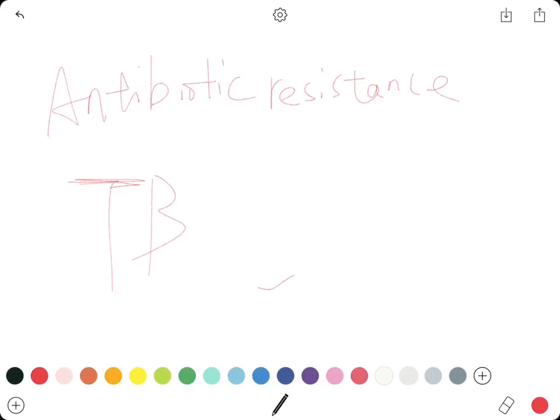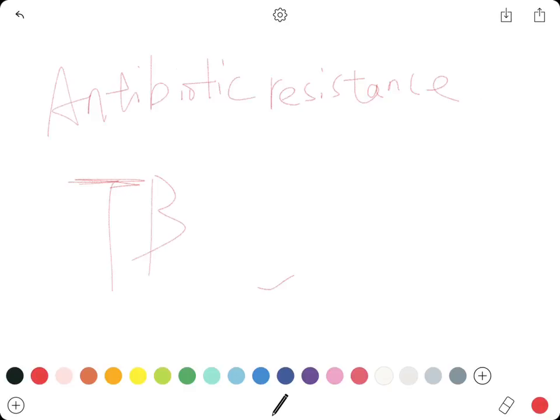It is also difficult to treat with drugs. That means this disease needs long-term antibiotic treatment to fully eliminate the bacteria from the body.